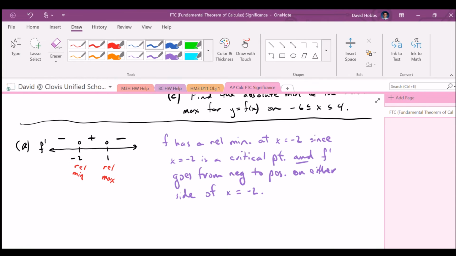Okay. Let's do the relative maximum now, which should be almost the same.